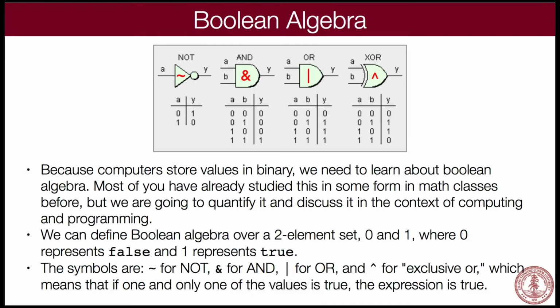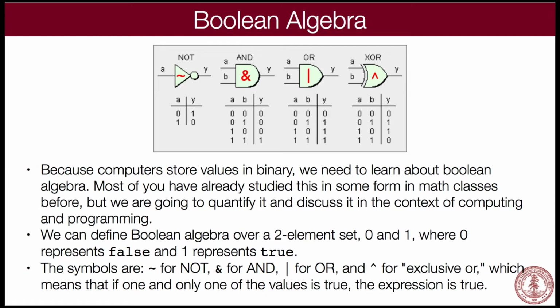We're going to talk about these 4 operations, and they're logically pretty simple. Here are the truth tables for them. If you have a 0 and you apply the not operator, you get a 1. If you have a 1, you get a 0. That's the only one that takes only 1 operand. The other ones need 2 things.